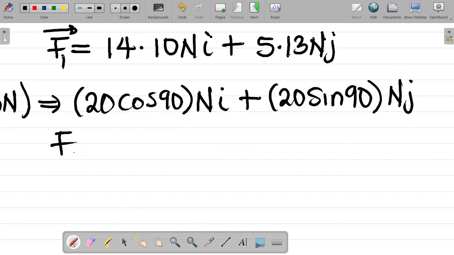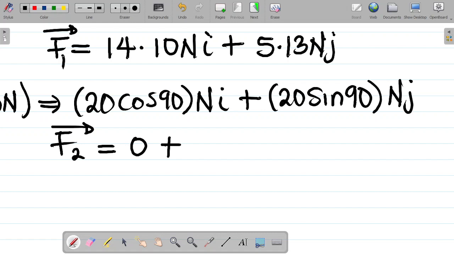Okay. So let's get the value of F2. F2 is equal to, let's punch 20 cos 90. The value there is 0. So 0 times Newton I. You don't say 0 Newton I. It's just 0. 0 times anything is 0. So 0 plus, let's get 20 sine 90.